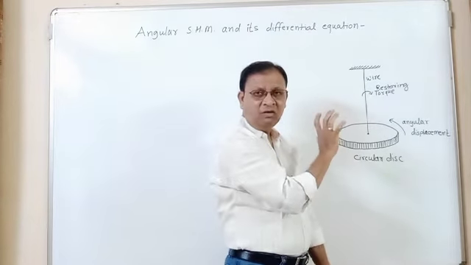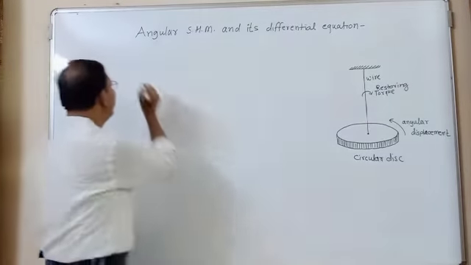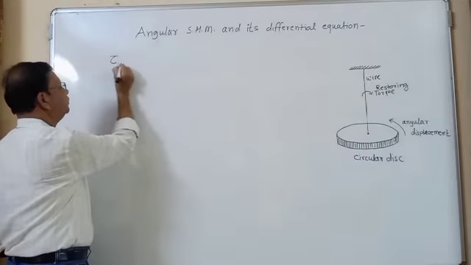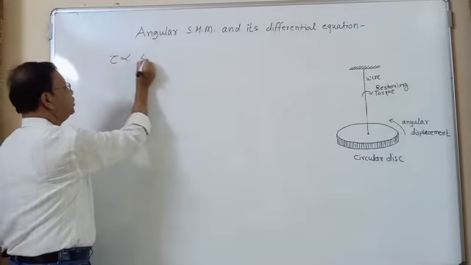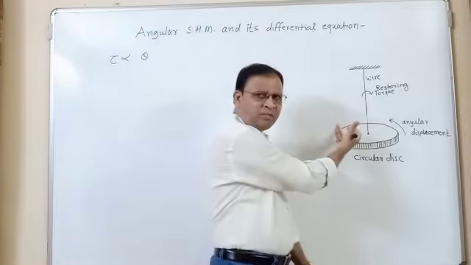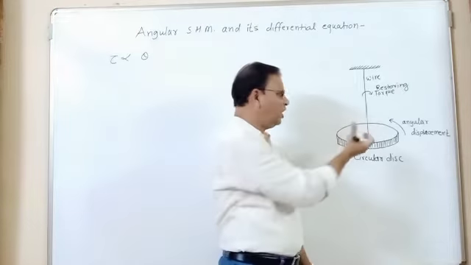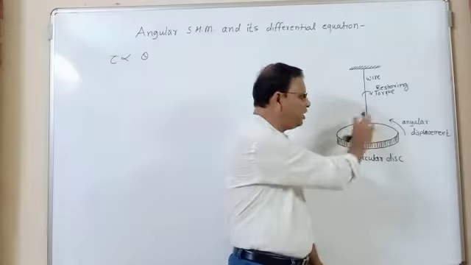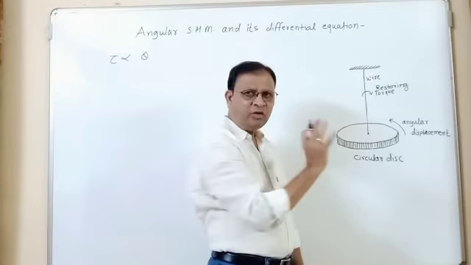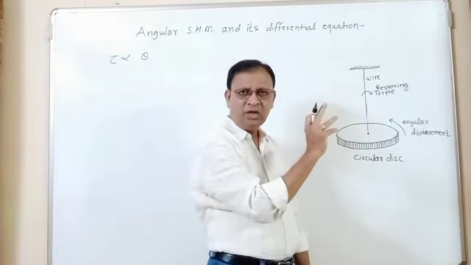Now this restoring torque is directly proportional to the angular displacement. So the restoring torque, say tau, is directly proportional to the angular displacement. The larger the angular displacement of the body, the larger the restoring torque. The smaller the angular displacement, the smaller the restoring torque. So as the angular displacement of the disc increases, the restoring torque also increases.